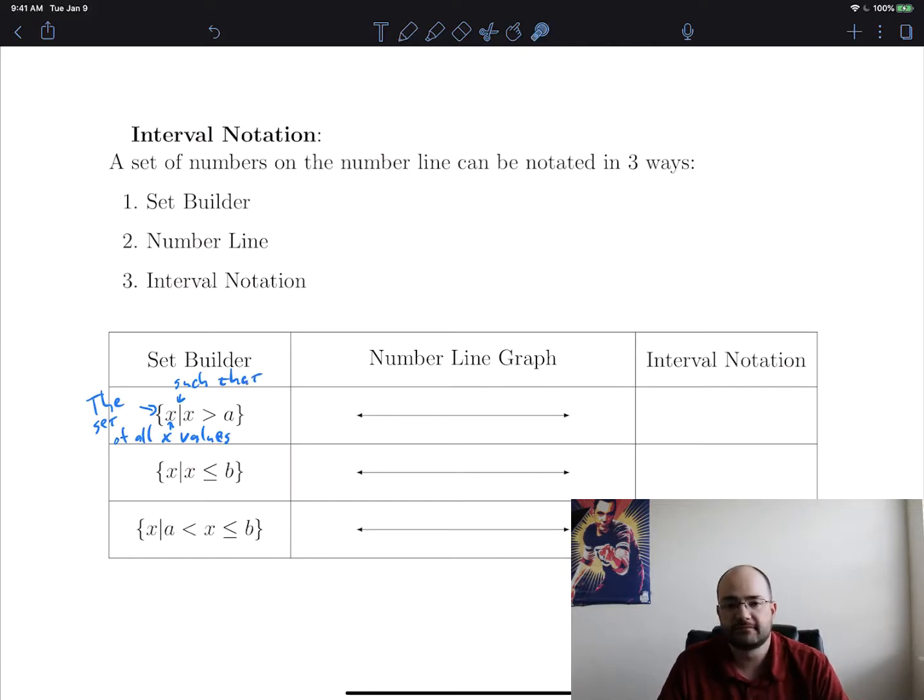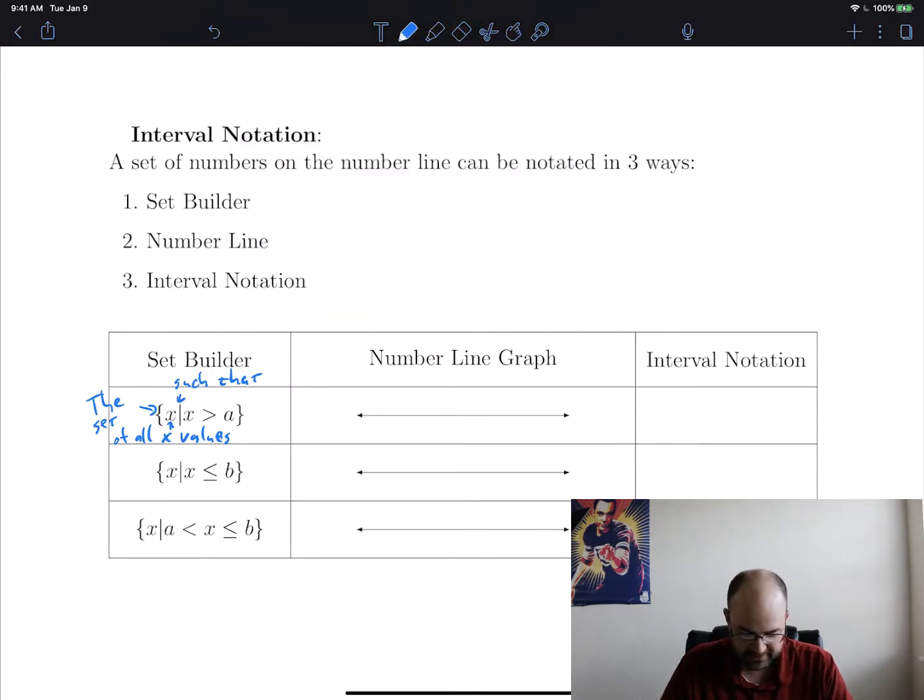Okay, so for this first set builder notation, we have the set of all x values such that x is greater than a. And that's pretty much it. With this information, that tells me that we're just having all of the numbers of x that are greater than a. That's pretty much all it is.